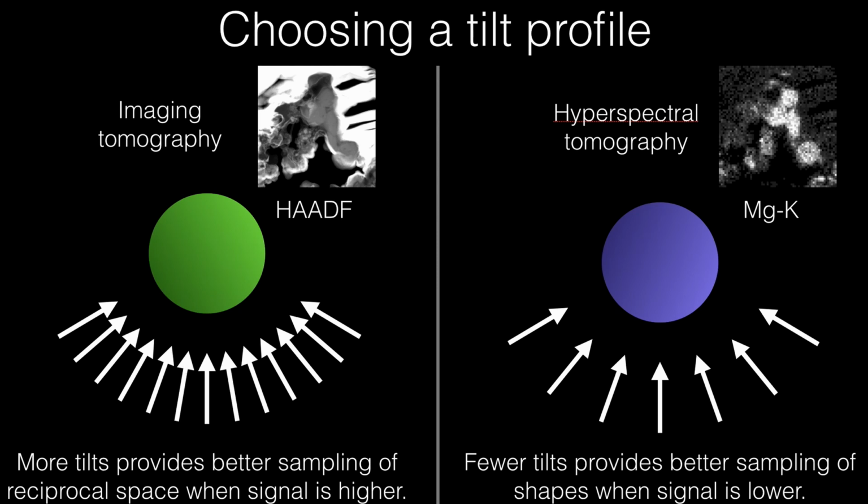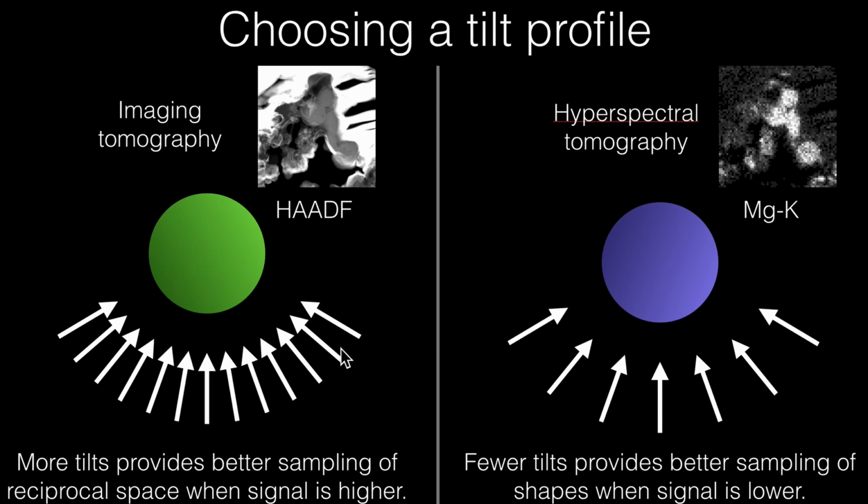The largest difference compared to imaging tomography, for example using high-angle annular dark field, is this. For normal tomography with imaging, you just want to get as many images at as many tilts as you can, over as wide a variation of tilt angles as you can.